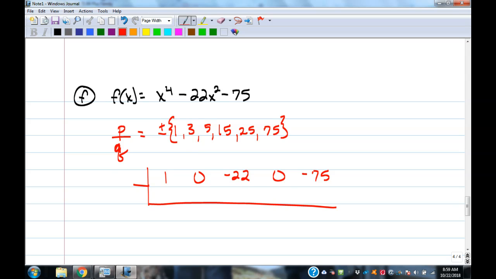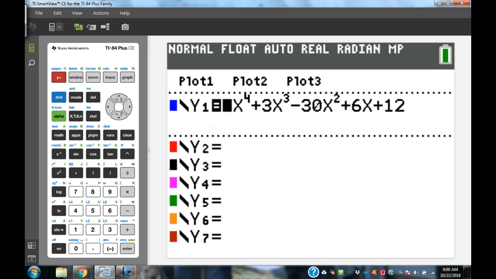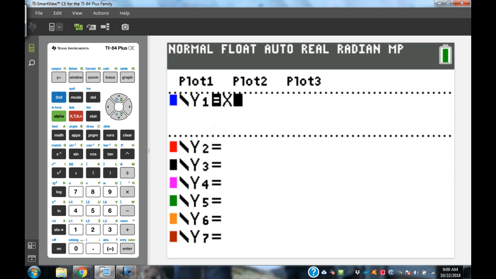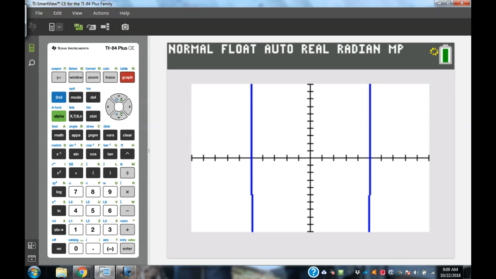All right. Now, what's the next thing that I should do? Graph it on the calculator, right? Graph that original polynomial on the calculator and see where it's crossing the x-axis. So go to y equals, clear that out. X raised to the 4th power minus 22x squared minus 75. I'm hitting graph.